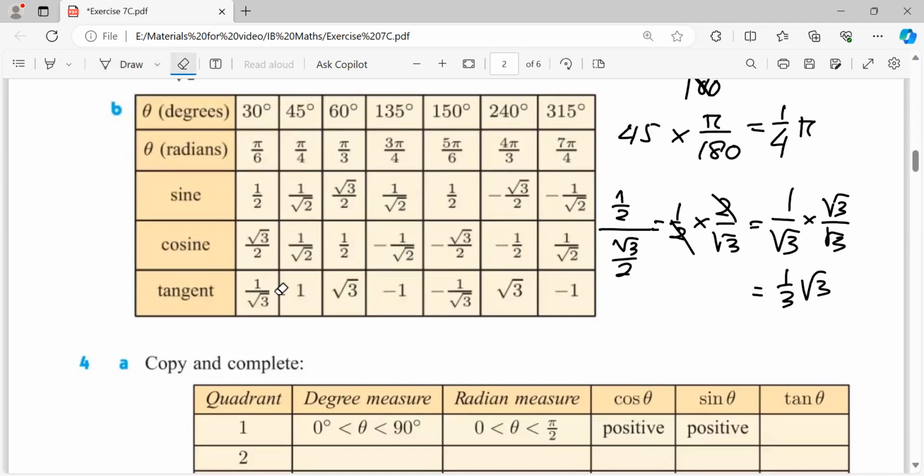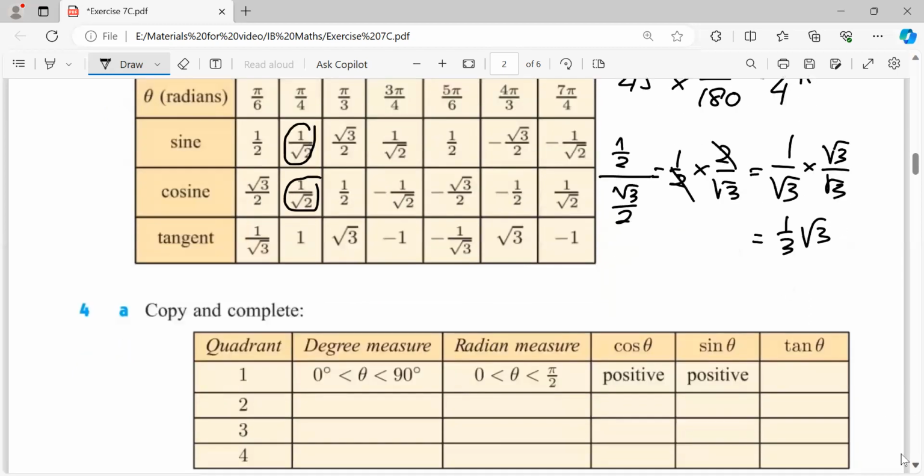Also for tangent 45, this number over this number equals 1. So you may complete it yourself. I'm going to continue to number 4.